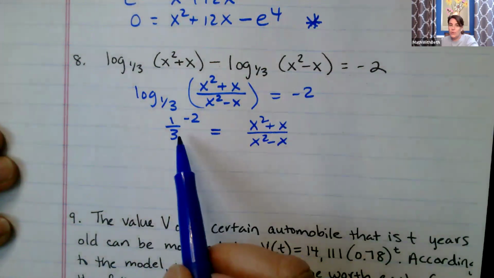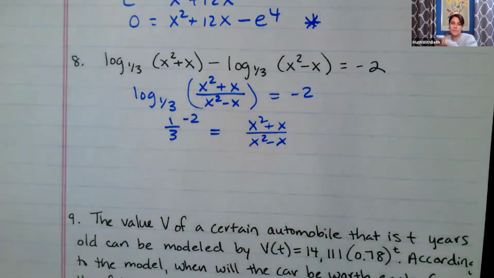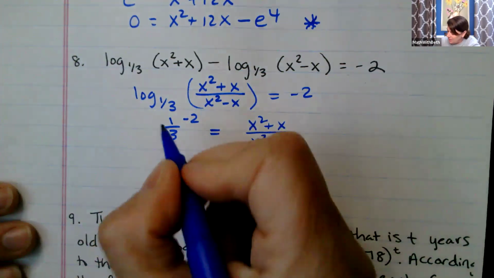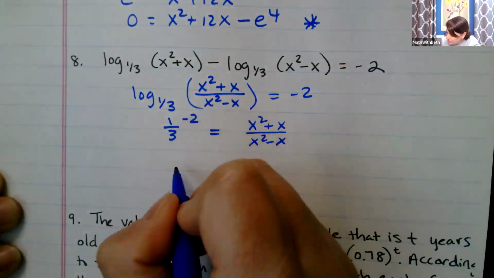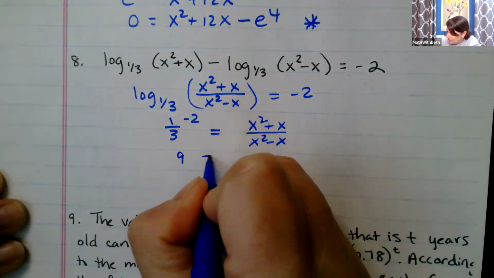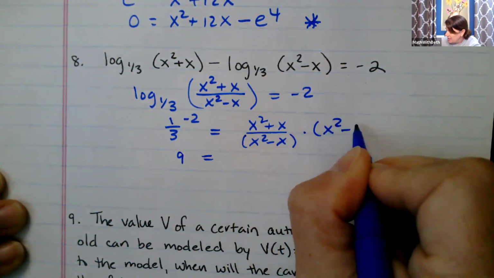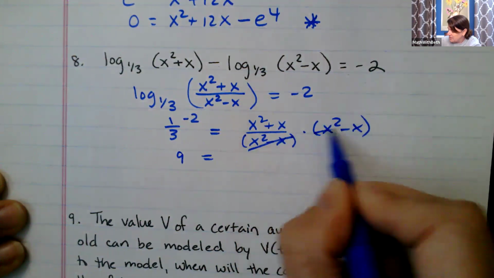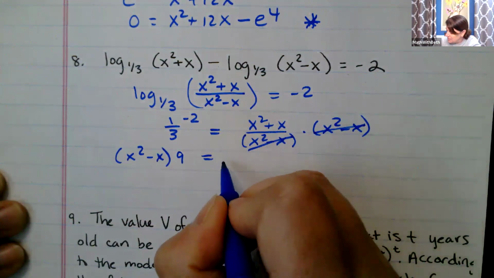Remember, 1/3 to the negative 2, though, is nice because the negative flips the 1/3 to just a 3 to the second power. So it's really just 9. So all of that is really just 9. And the first thing I can do is multiply both sides by the x squared minus x to get rid of it. So I just need to do that on both sides.